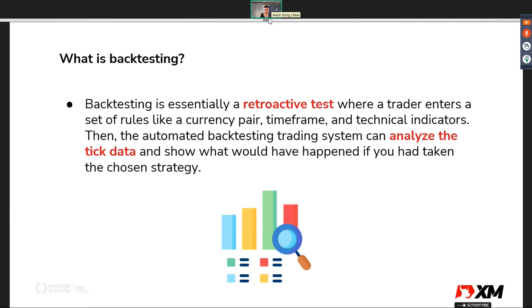For technical indicators, usually I wouldn't utilize many as a start because I want to focus on market structure and my entry points. I'll only usually use the moving average to identify the trend itself. I would suggest the simple moving average for beginners so you can see the overall trend, whether it's bullish or bearish.